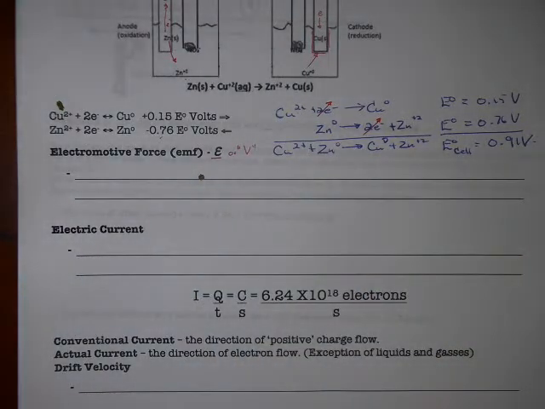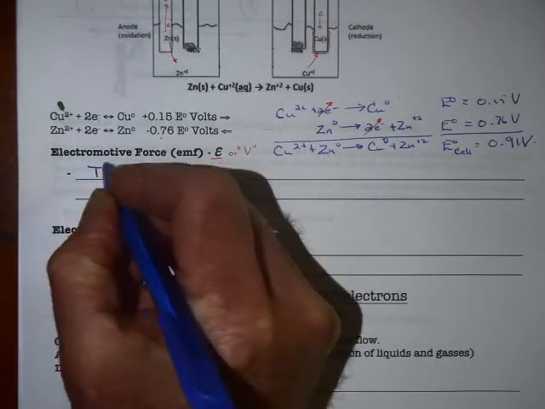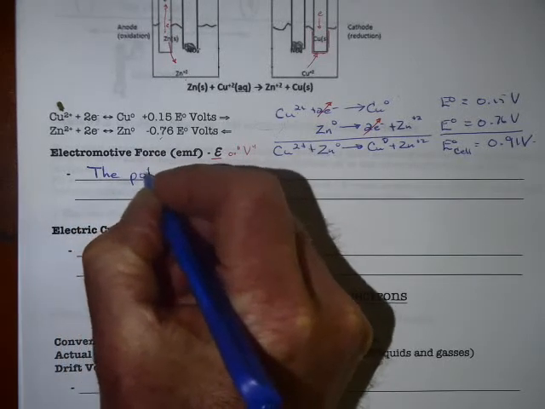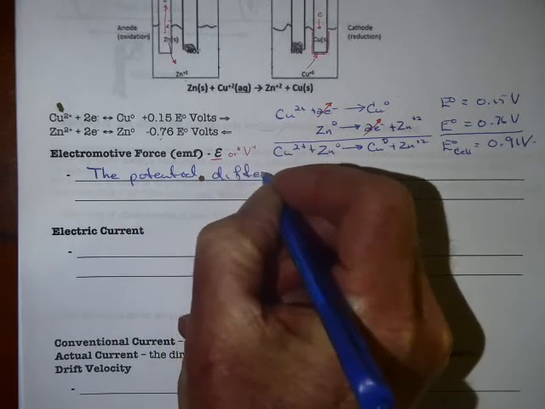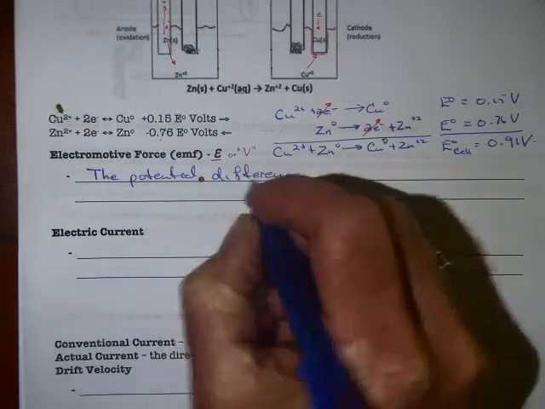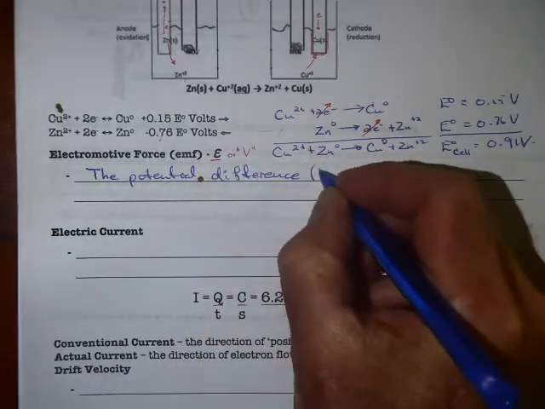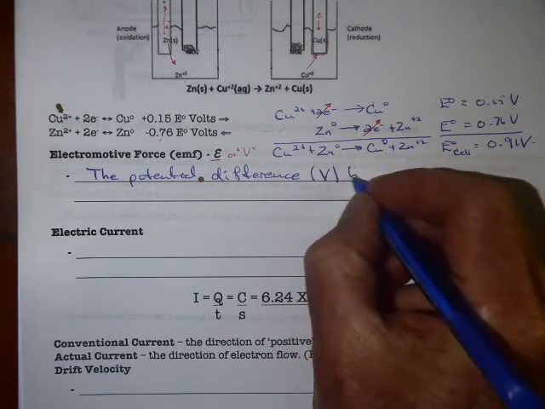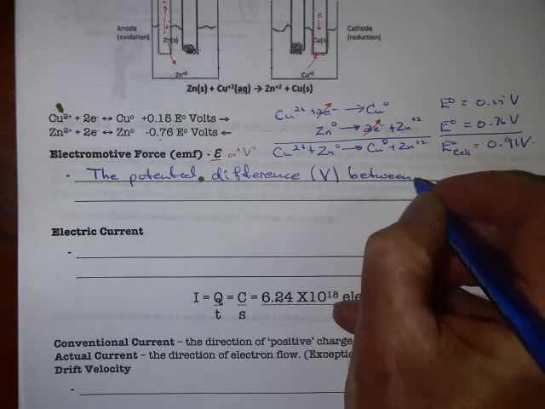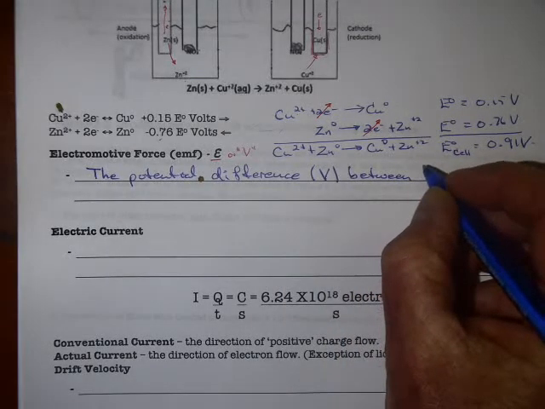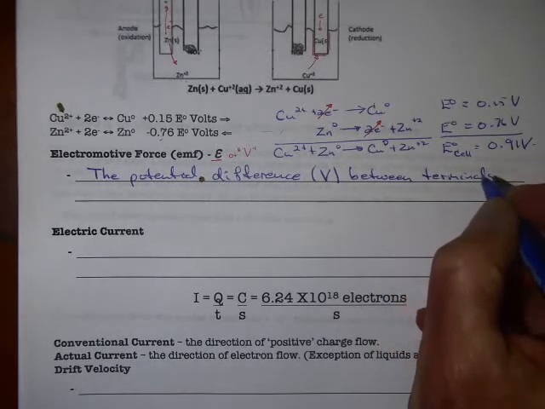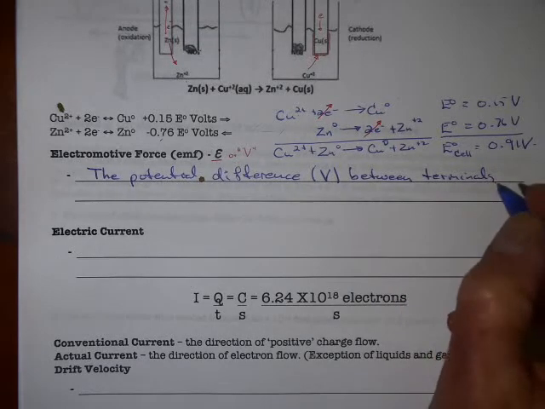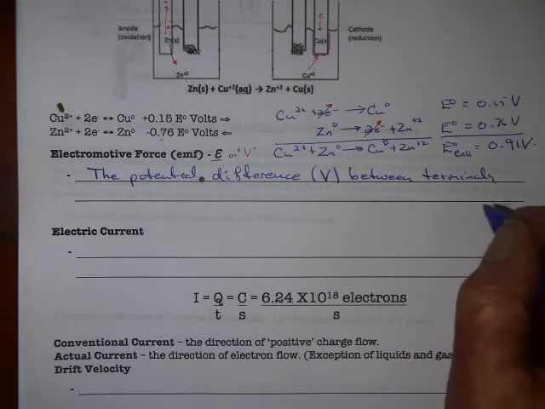So electromotive force is the potential difference, which is the volts between terminals, okay. I'll give you an example in a few minutes.